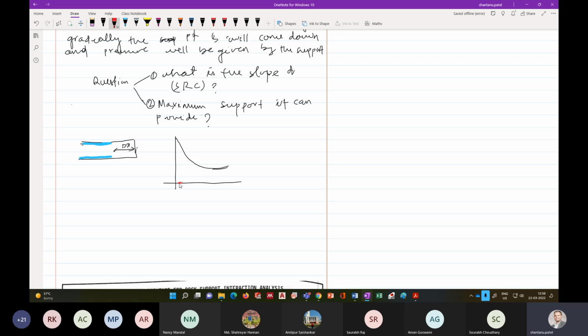Maybe you provide this support very close to the face. Then the ground reaction curve goes like this and it ends here. So what this means is that the support reaction curve is not intersecting with the ground reaction curve. So this is case one.